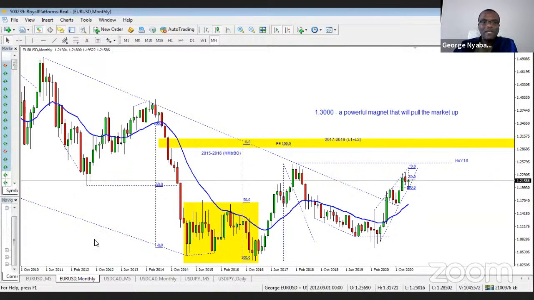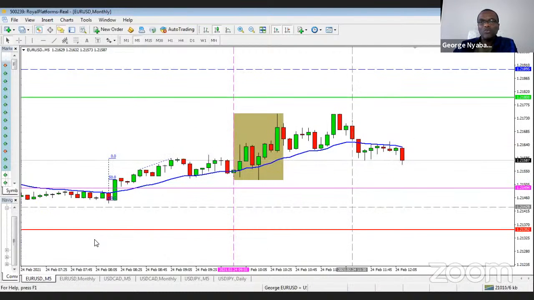Now, I just want to jump down to the 5-minute time frame on the euro. I'll come back and look at the higher level analysis because we also live in the market. So a couple of things that we will become familiar with are always marking the beginning of any trading session.